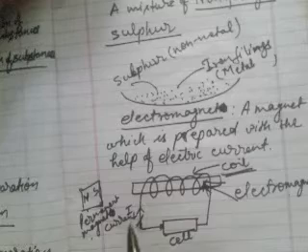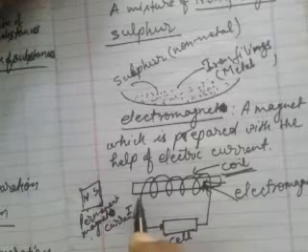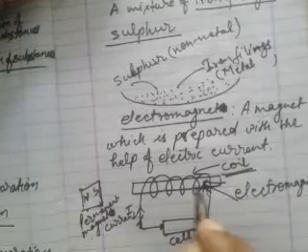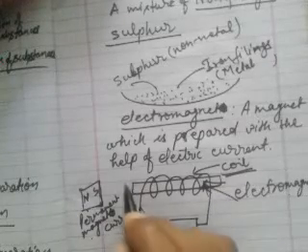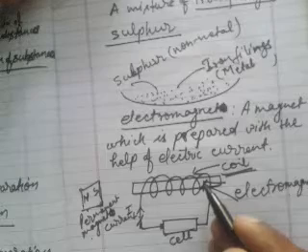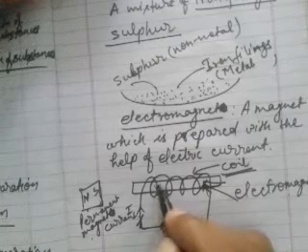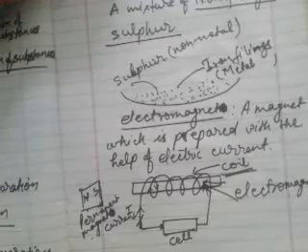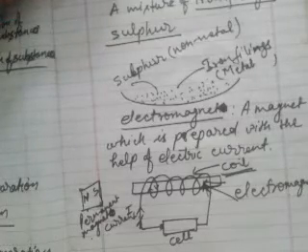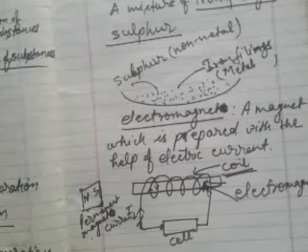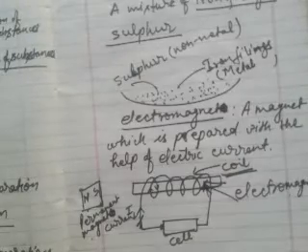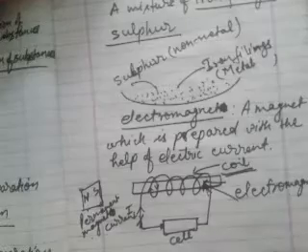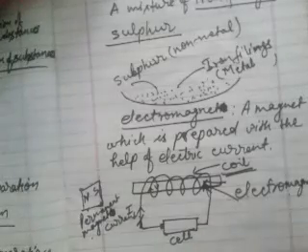So when current flows inside the coil, a north pole and a south pole are formed, and which is which depends upon the direction of flow of current, and it behaves like a magnet.